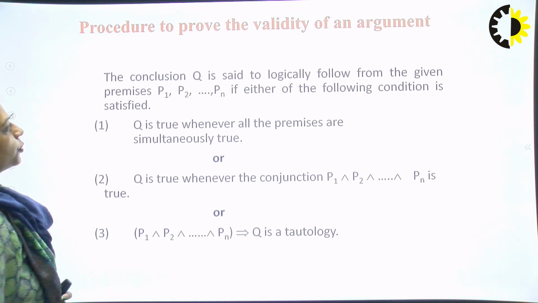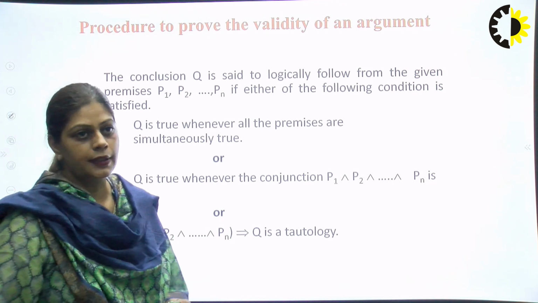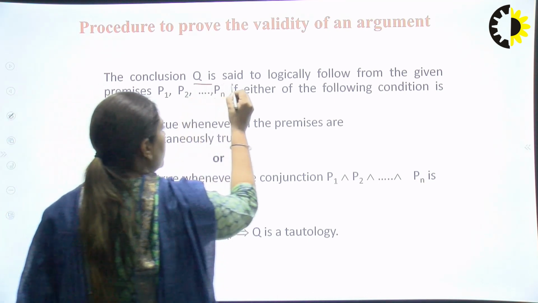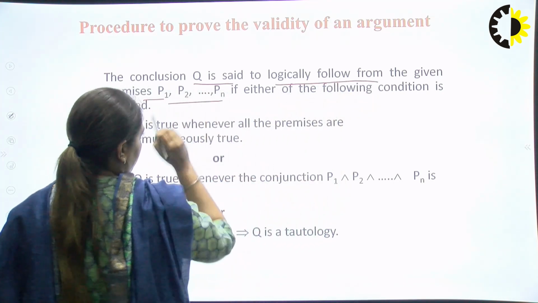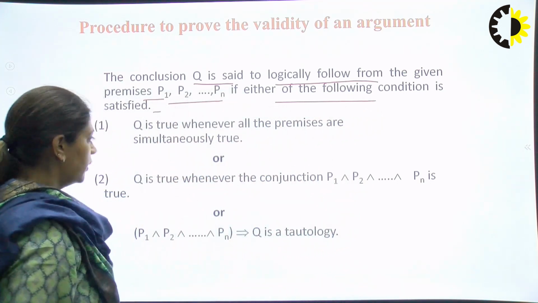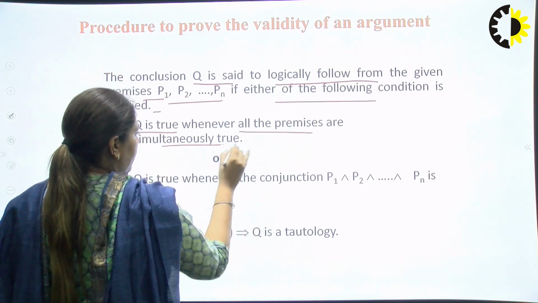Now, the procedure to prove the validity of an argument. How will you check whether this argument is true or not? The conclusion Q is said to logically follow from the given premises P1 to Pn if either of the following conditions is satisfied. Q is true whenever all the premises are simultaneously true.